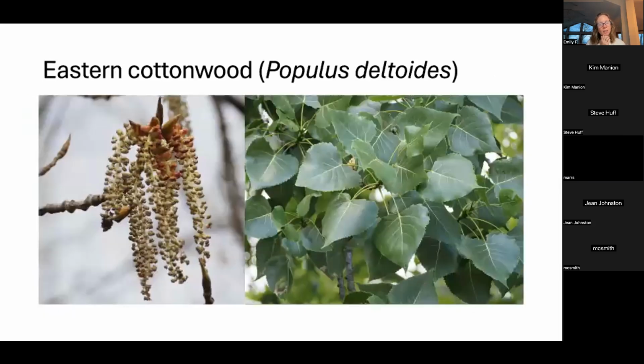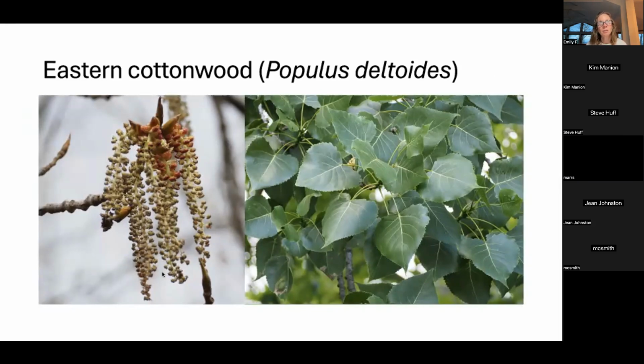Our next one is cottonwood. I love this tree, and I know there's not a lot of it, but still, it is going to be on river borders and floodplains where it's moist. And this is in the Populus family, so this is related to aspens, and they have these enormous buds, and these are all the male catkins of flowers hanging down. And I'm actually not sure where the female flowers are.